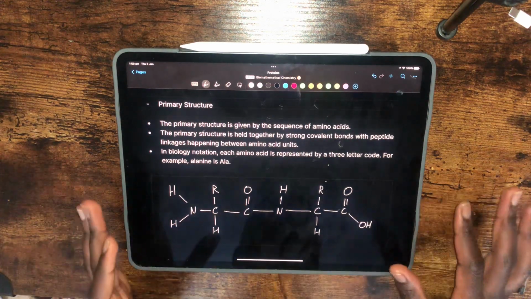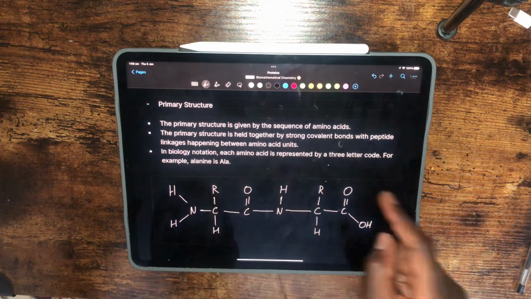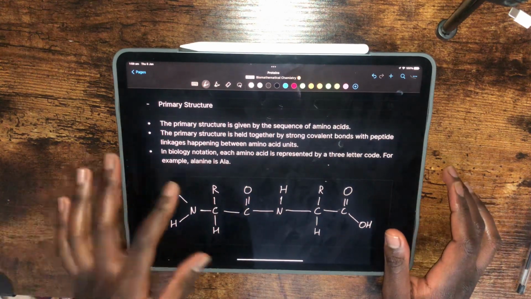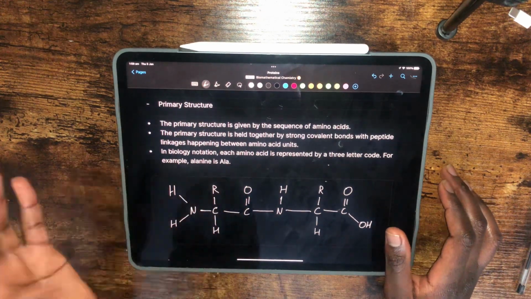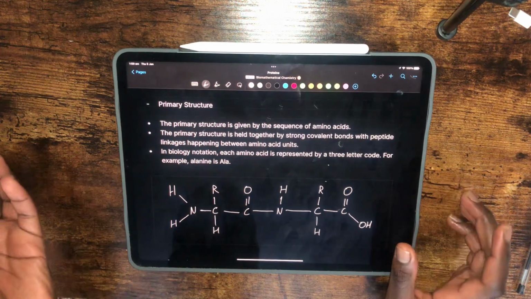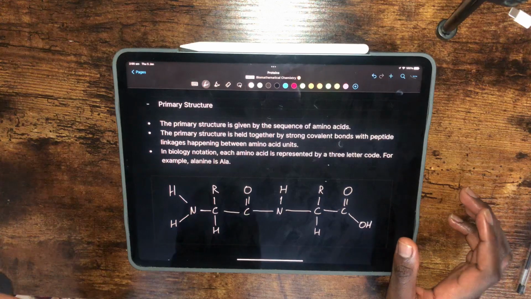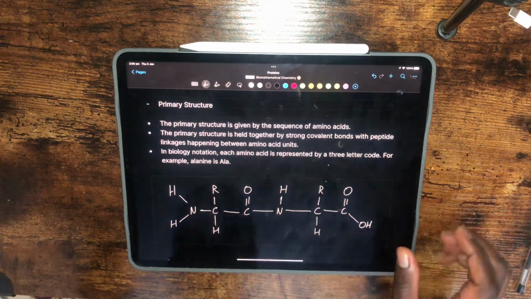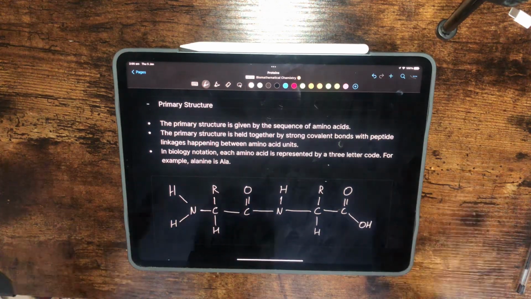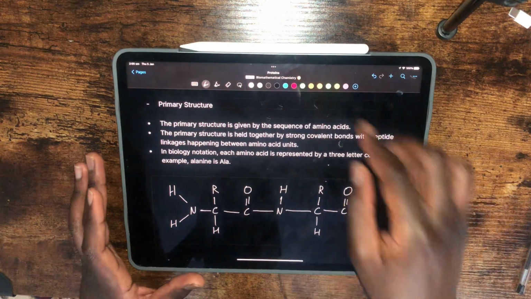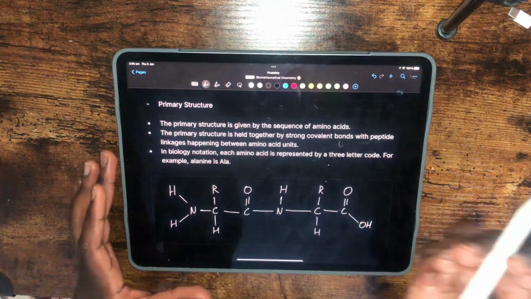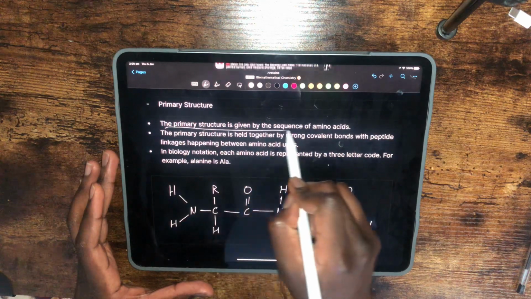That's more of a biology thing. So if you ever see that in chemistry, where they show ALA, it's just how biologists usually represent amino acids, by a 3-letter code. But more importantly, the primary structure, as I said before, is given by the sequence of amino acids.